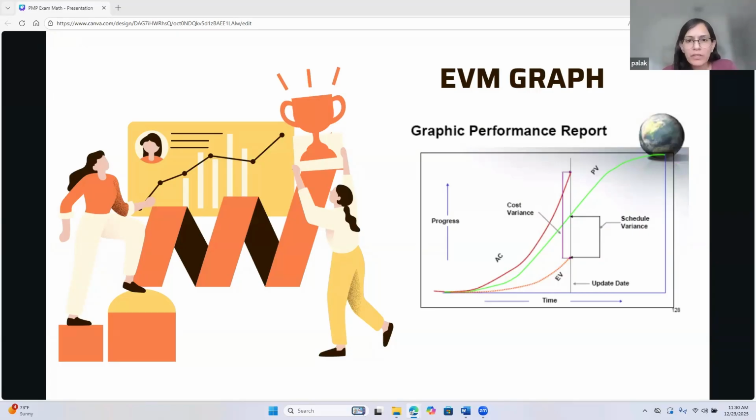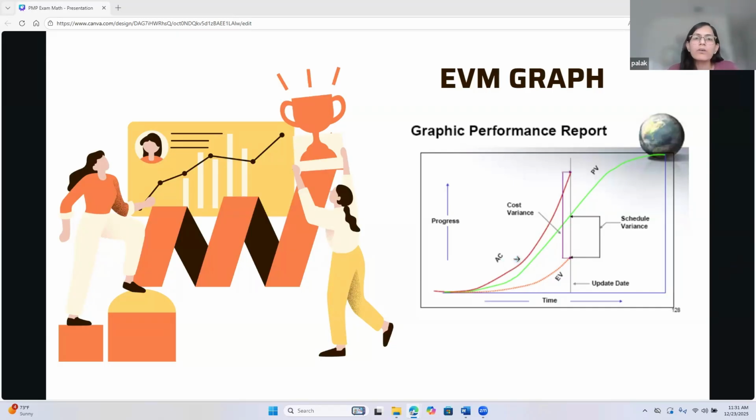All right. So it's very important to know the graphic performance analysis. So here you see X versus Y. On the X-axis is the time, and on the Y-axis is the progress. Okay, and there are three curves here. The first orange dotted line is the EV, earned value. Then the green one in the middle is the planned value, and the red one is AC, actual cost.